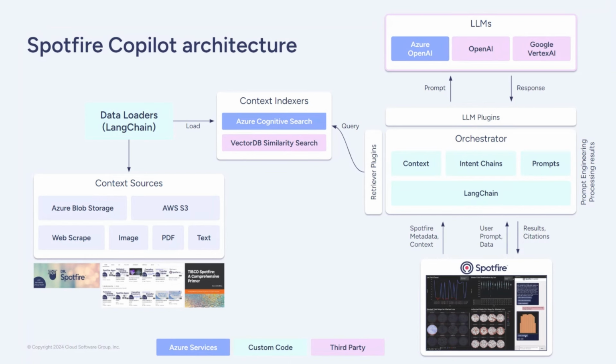When the final result is deemed ready for the Spotfire front end, the result comes back and the user enjoys it. All of this, depending on the intent or use case, can take anywhere from a couple of seconds to maybe 10 seconds. It'll also depend on how busy the LLM is and a few other factors.